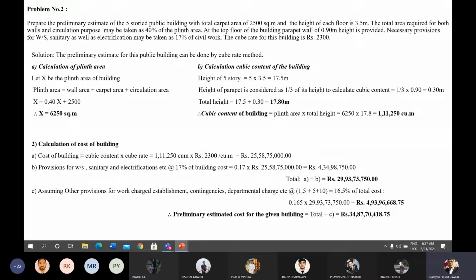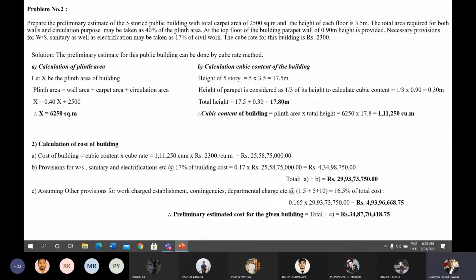Because in the other stories there may be doors, windows, lintels, as well as pillars, beams, etc. But in the parapet wall portion there are no doors, windows, beams, columns, etc. That's why 1/3 of the parapet height is taken to calculate cubic content.